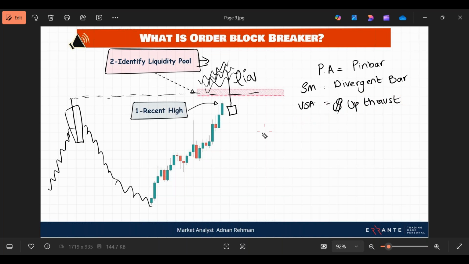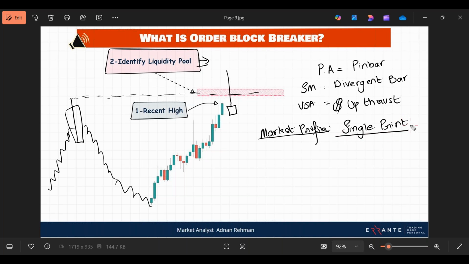And in market profile, this type of candle over here is known as a single print. Sorry for the bad writing, it's a pen and it's not as convenient as writing on a piece of paper.